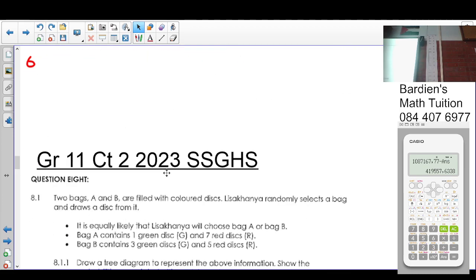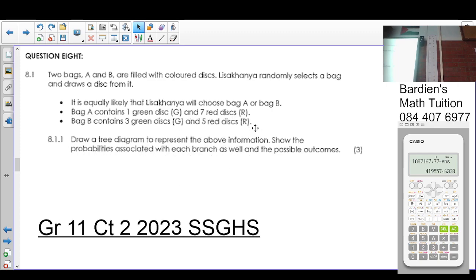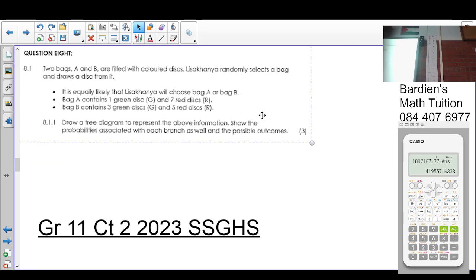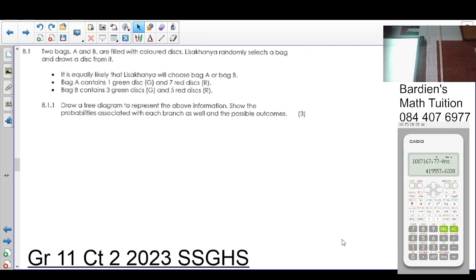Right, let's look at the next one. People, question 8. Two bags, A and B, are filled with colored discs. Lisa Kanya ran. Any Lisa Kanya here?